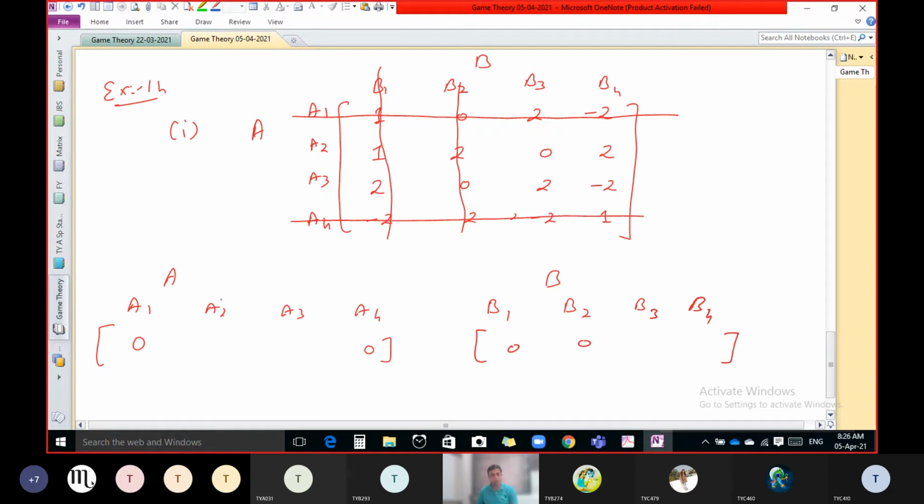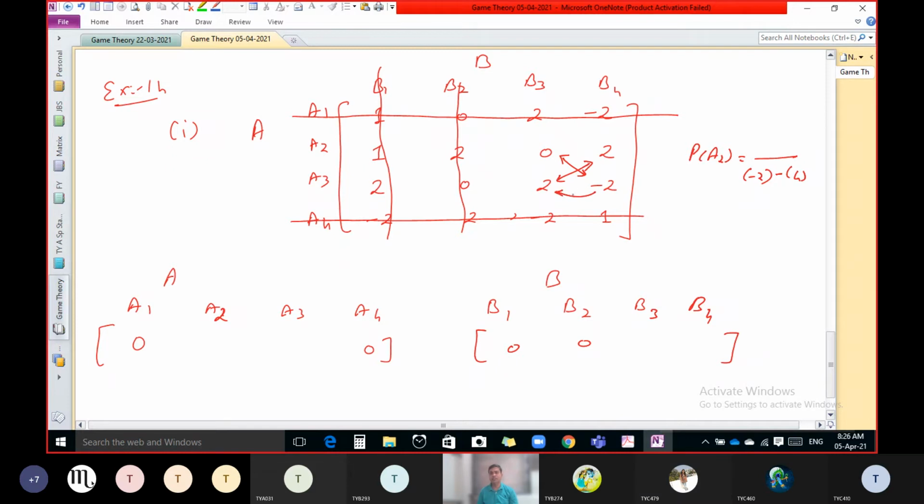Okay, now how to find the probability of A2 and A3. So probability of A2, same formula: add these two numbers. What is the total of these two? -2. And add these two, 4 and 4, with a minus sign between them. And what do we write in the numerator?